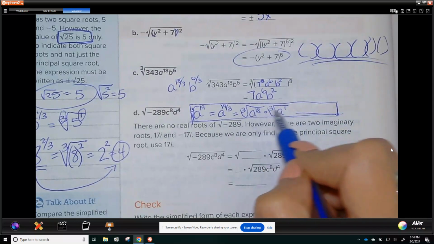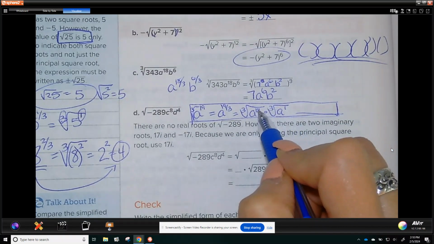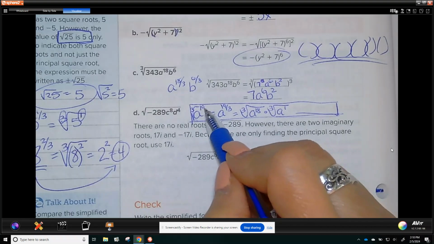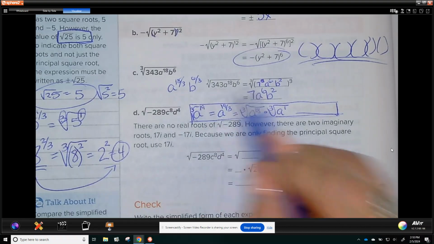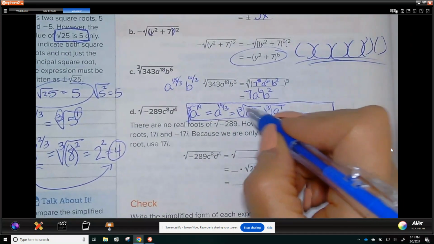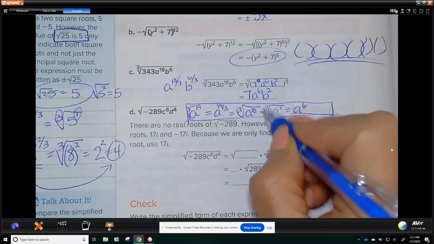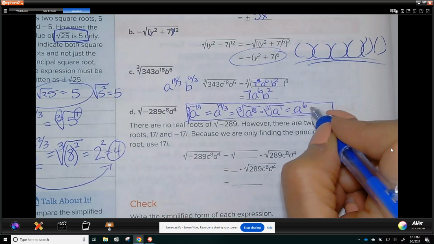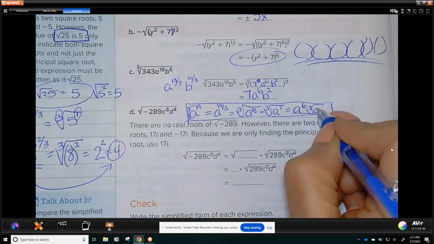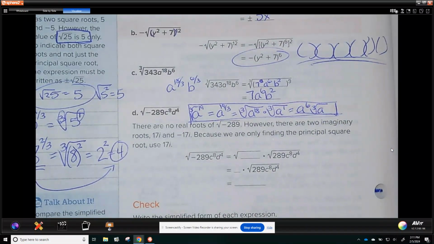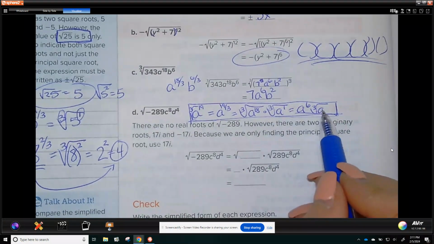When you multiply, you could put them both inside the radical form or keep them separate. 18 plus 1 would give me 19. That is in the radical. So this is a to the 6th, and this a just stays in the radical, okay? If it's asked for exponential form, you'd write a to the 1/3.